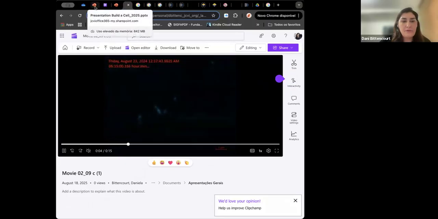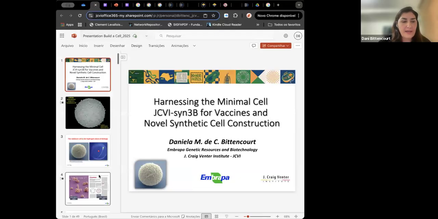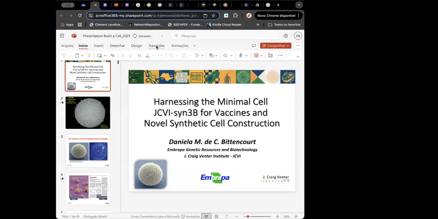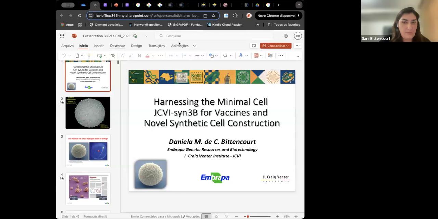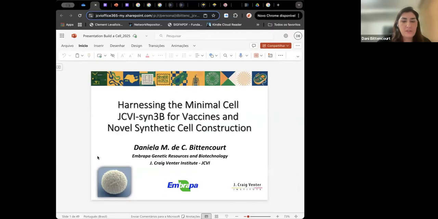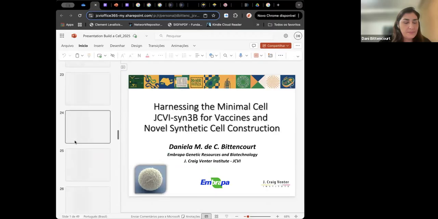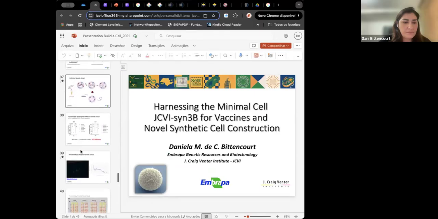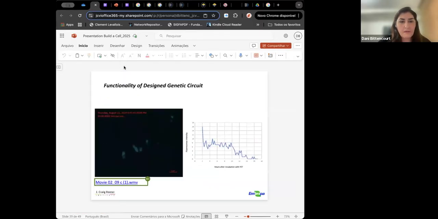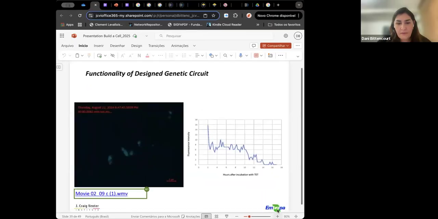And what we performed afterwards. Are you back to the presentation? Yes, we're back to slides. Presentation mode doesn't work perfectly, so I'll go back to the slide viewer. Here we see a decay of the fluorescence of DAPI showing the degradation of the genome.